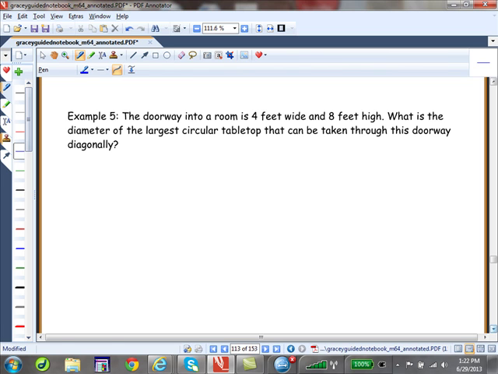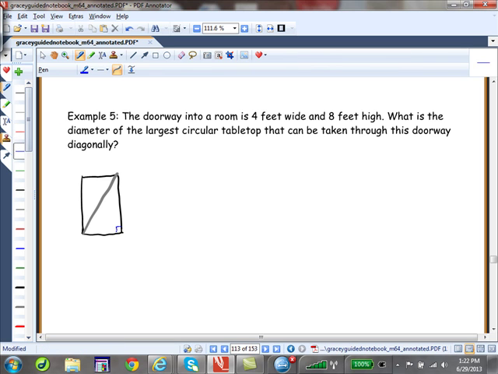So if your doorway looks something like this, and then imagine your table is fitting through like this, and this here is going to have a right angle, right?